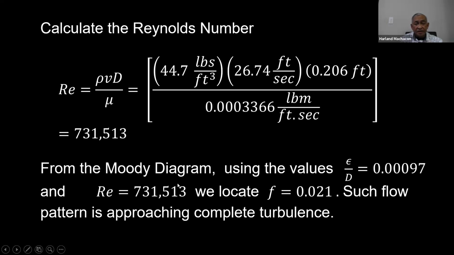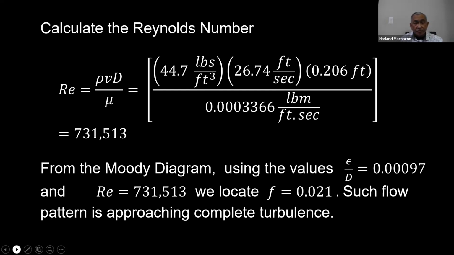And from the Moody diagram, using the relative roughness of 0.00097 and the Reynolds number of 731,513, we locate the Moody friction factor F equal to 0.021. Such flow pattern is approaching complete turbulence.